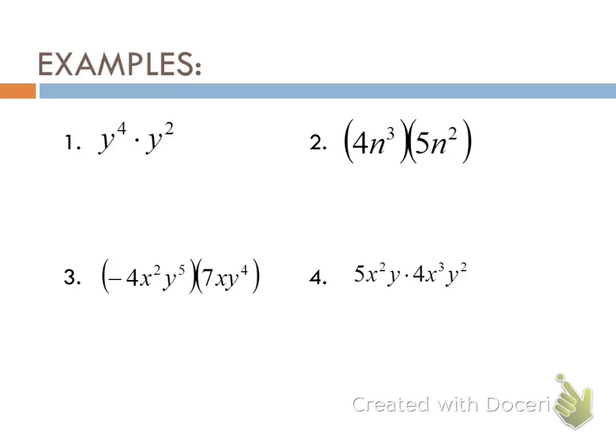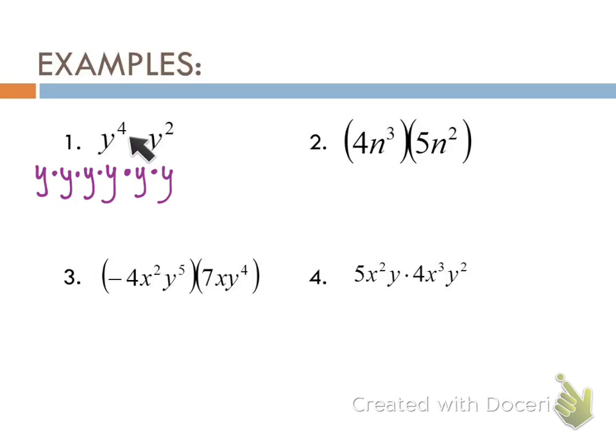All right, on the first one, I'm going to write it out expanded just to show you why that's the case. You might have already noticed it on those warm-ups. If we're taking y to the fourth times y squared, y to the fourth means we have how many y's? 4 of them, and y squared means we have how many y's? 2. So if I write it out expanded, how many y's did I write all together? 6 of them.